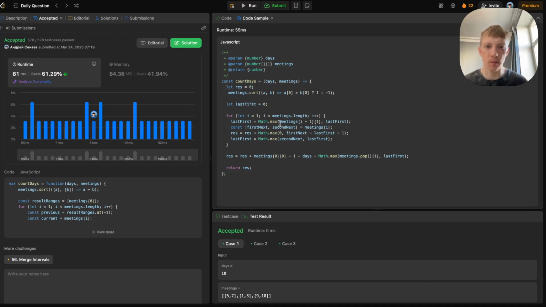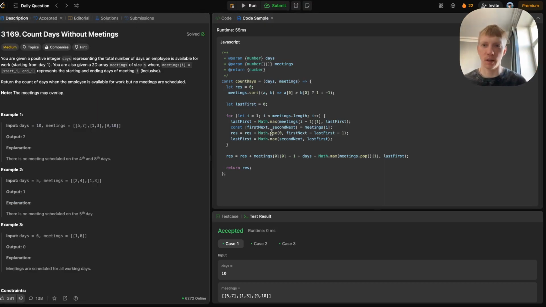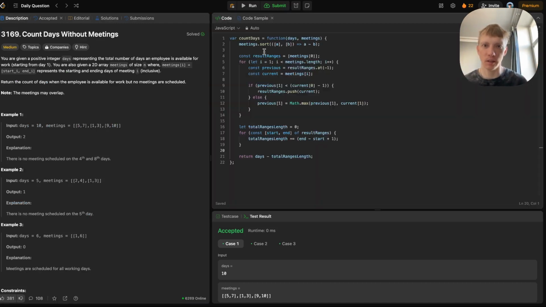Yeah. Optimization is that they are not storing. Well, I didn't think about it, despite the fact that this is pretty obvious. We should not store all the ranges.